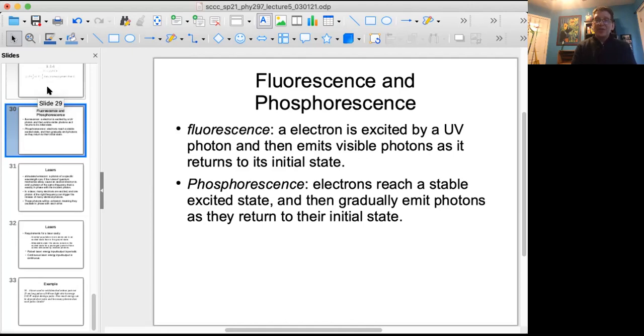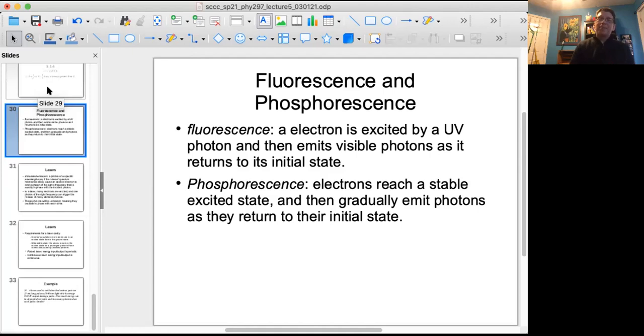Another property is called phosphorescence, where the electrons reach a stable excited state and then gradually emit photons as they return to their initial state. So a certain amount of high energy radiation is absorbed by the substance, and eventually the substance will settle back down to its unexcited state.